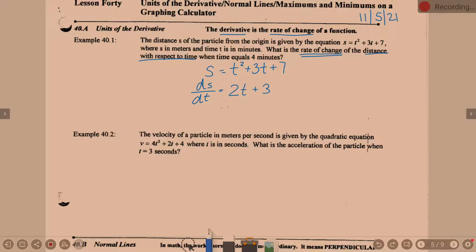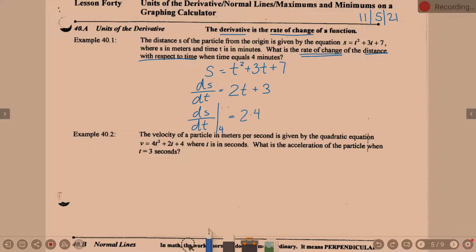So what is the rate of change of the distance with respect to time? We found that: 2t plus 3. When time equals 4, we're plugging in 4. So we're finding ds dt evaluated for when t equals 4. You'll often see that straight bar afterwards with the number after it; that means evaluated at this value.